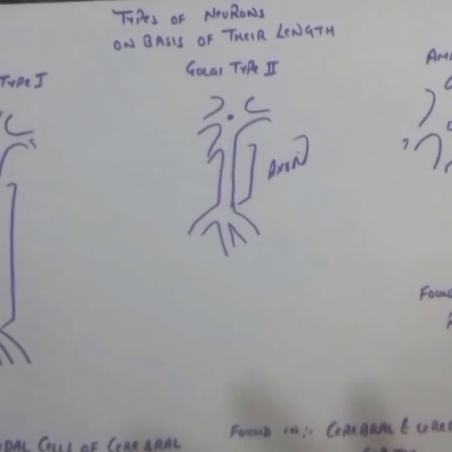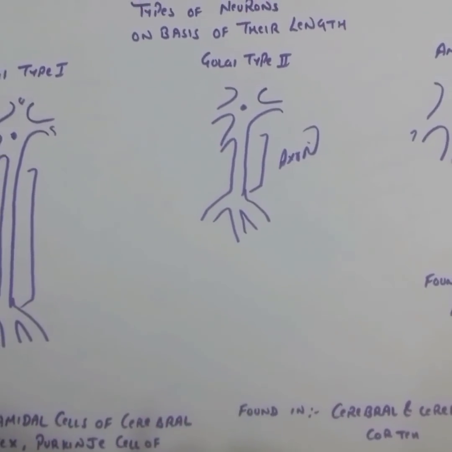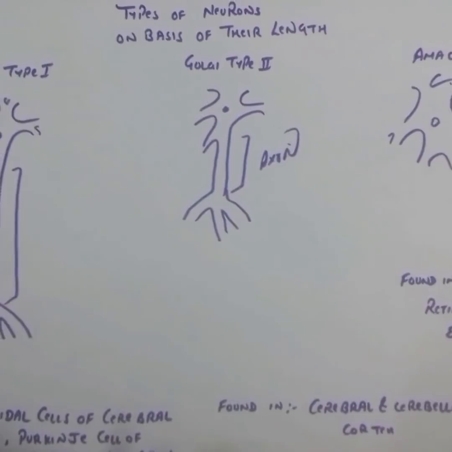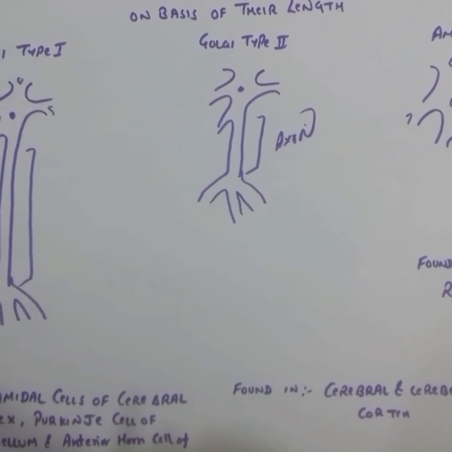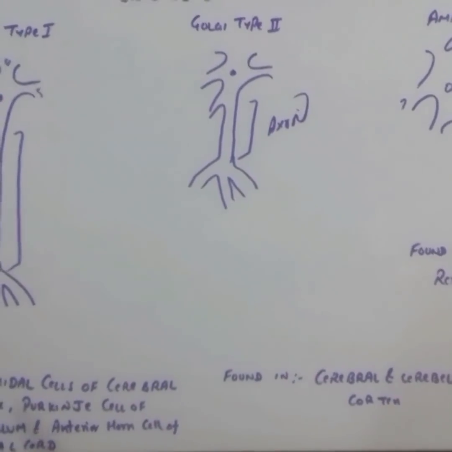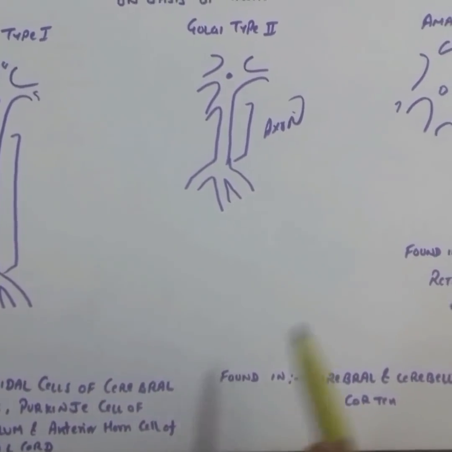We have also studied the types of neurons on the basis of their length: Golgi type 1, Golgi type 2 and the amacrine neurons. The findings and the locations of these particular types of neurons are written here.